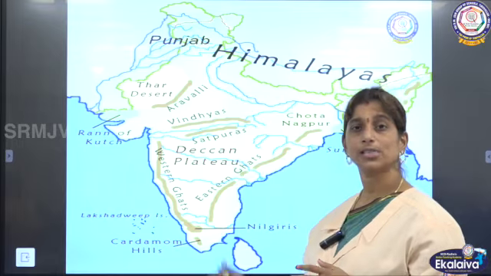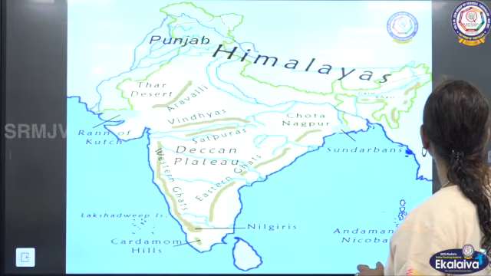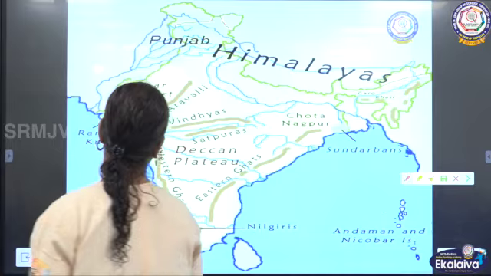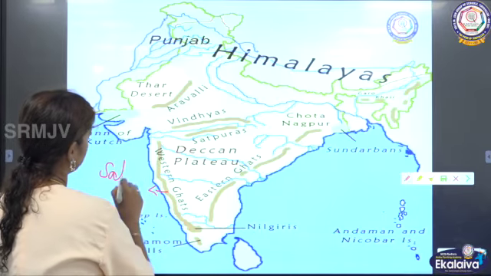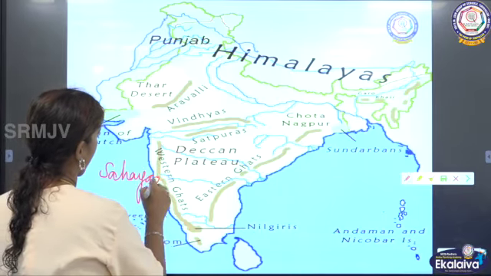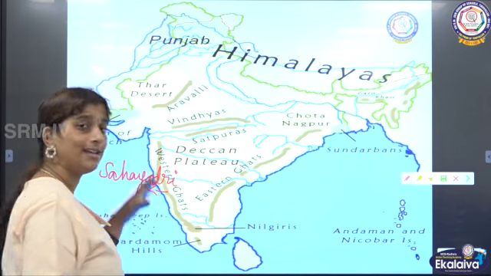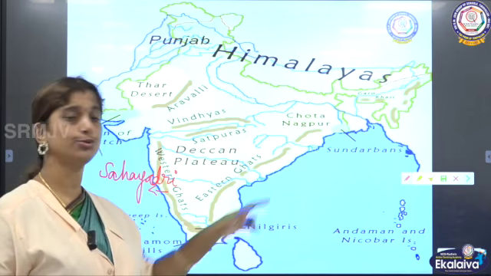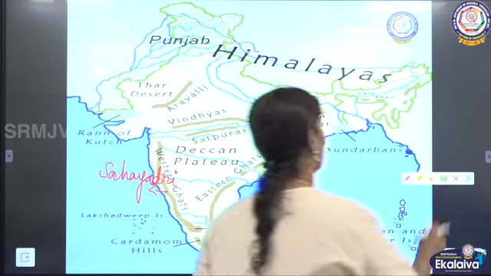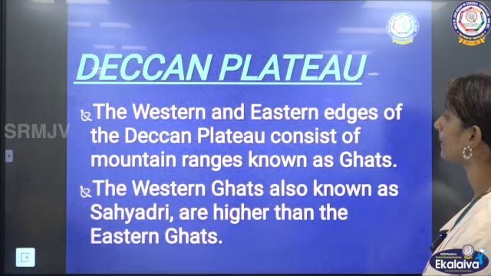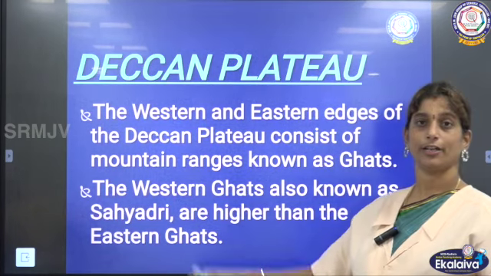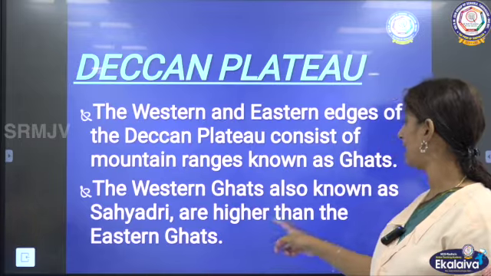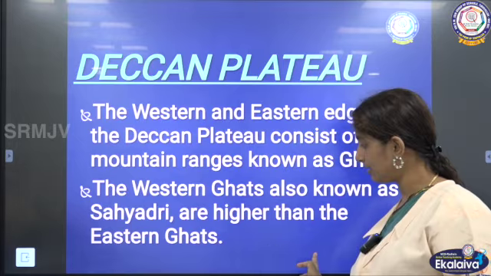The Western Ghats are also called Sahyadri, and these mountains are a little higher compared to the Eastern Ghats. The Western Ghats, also known as Sahyadri, are higher than the Eastern Ghats.